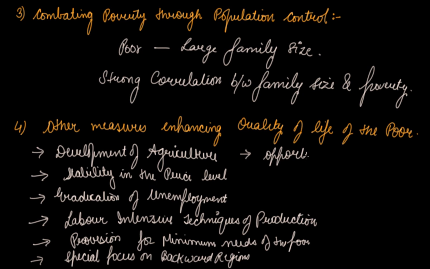Opportunities for self-employment. There are many regional rural banks, NABARD, and cooperative societies being opened, which provide loans to the poor at a very minimum rate of interest so that they can start their own business.